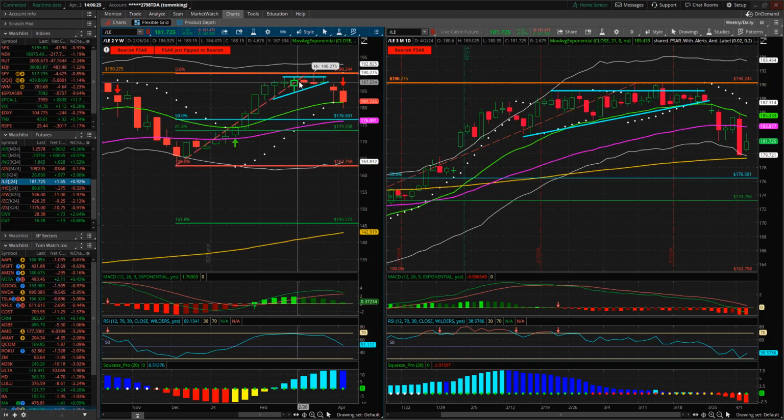Even though we were in an ascending triangle, the weekly was telling you, I don't know, and MACD is rolling over, RSI is rolling over. Look at the falling momentum here. The squeeze is dying. MACD, dying. So you're in an ascending triangle, which is one of my favorites, and we really couldn't get out of this thing and get any continuation.